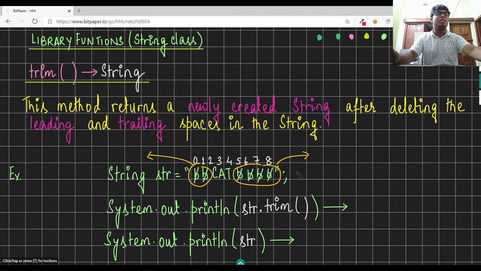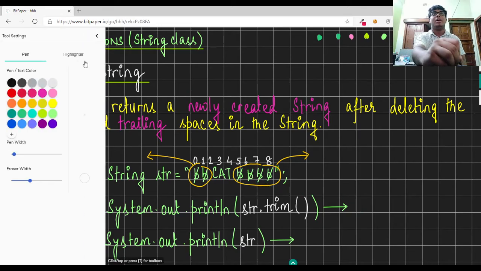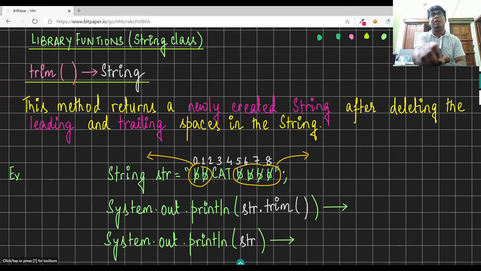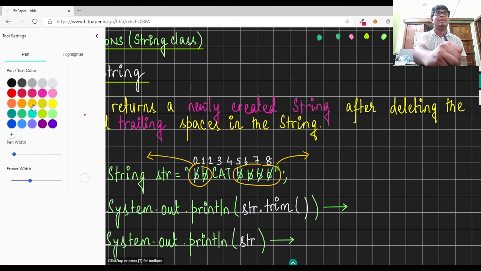What this function does is it trims, or chops off, the leading and the trailing spaces that are present in the string. So what do I mean by leading and trailing spaces? Consider this string, for example. This string has a few spaces in front, followed by cat, and followed by some spaces at the rear, right? The spaces that are in front of cat are known as leading spaces.